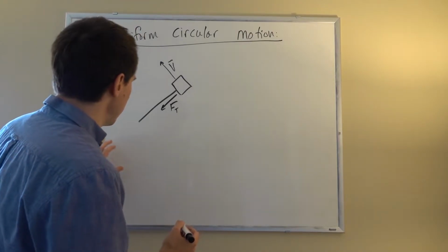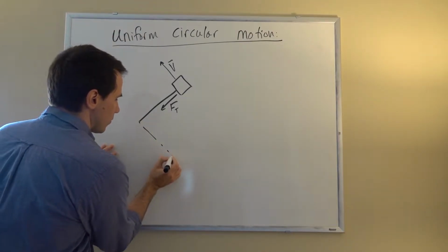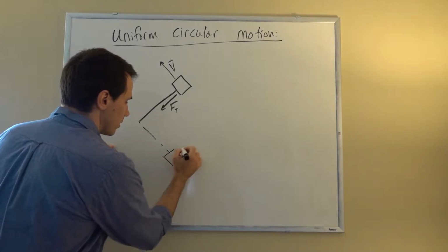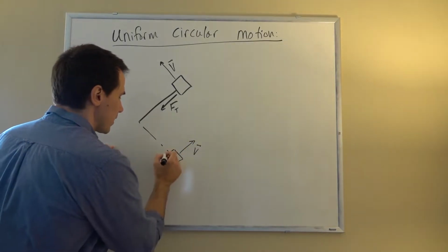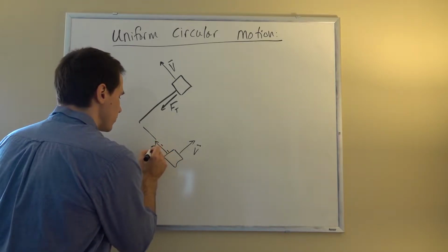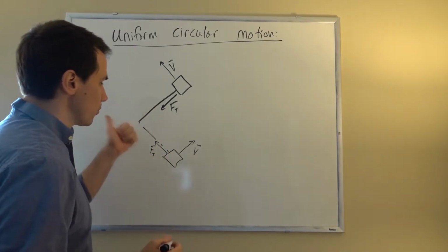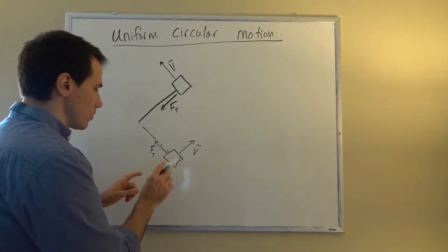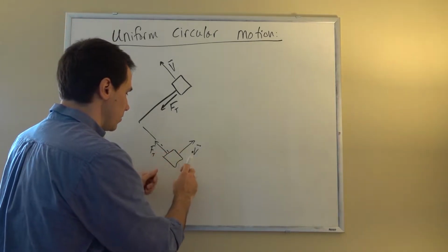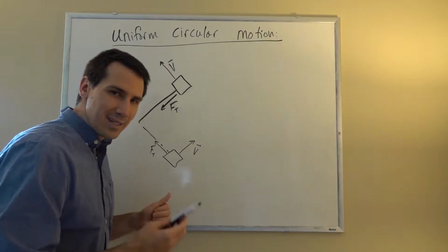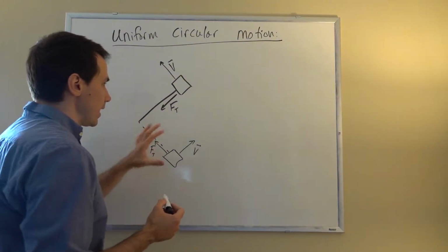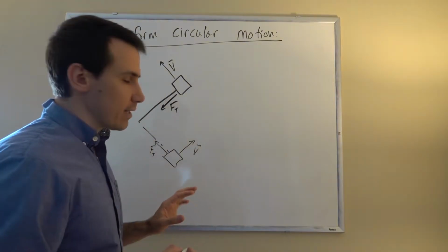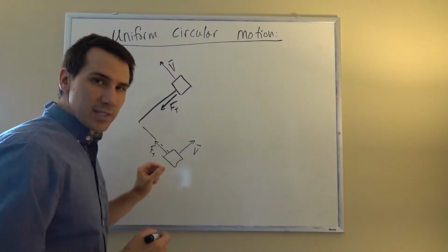So if I drew the mouse, for example, when it's here, the velocity vector would look like this, and the force of tension would point directly inward again. So the mouse would be moving this way, but feeling a force inward. And this is true anywhere.